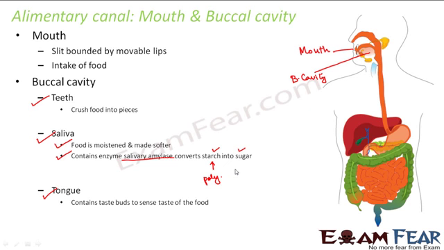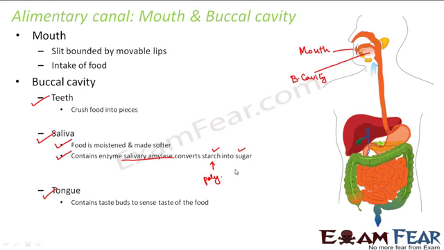So we see that the mouth is the organ which helps in intake of food. The mouth serves no other purpose, only ingestion happens through the mouth. In the buccal cavity, the food is broken down into simpler particles because the teeth will break it into smaller pieces.